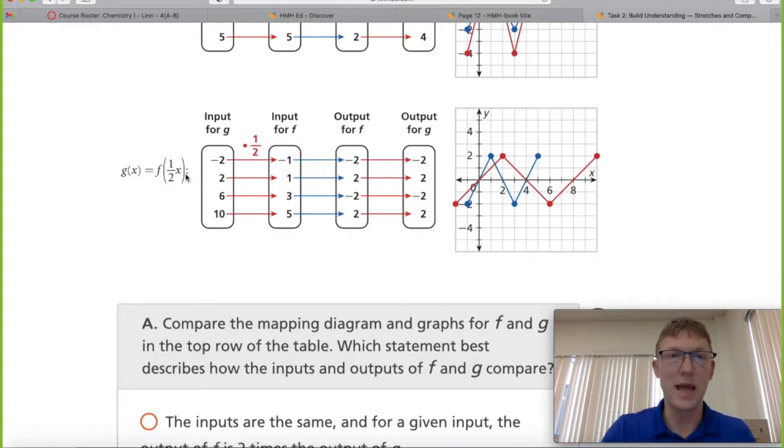And so, again, it changes the input. So if you were to input -2 into g, the input for f of x would be half of that, because it would be -2 multiplied by 1/2. So the inputs would change for the functions, and the outputs would still be the same.